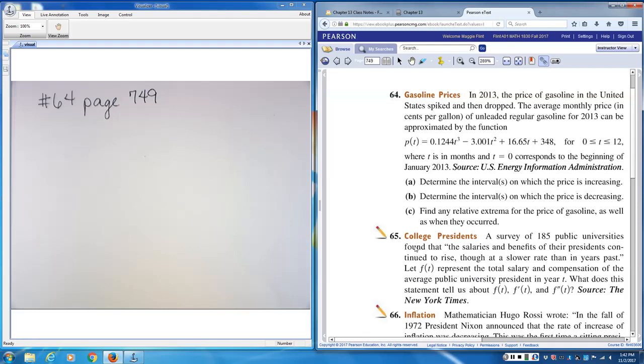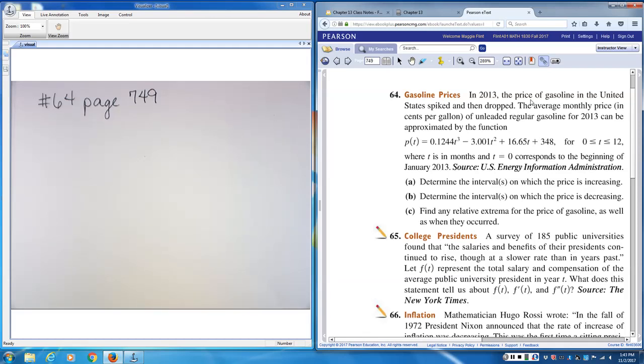So what we see here is, it says in 2013, the price of gasoline in the United States spiked and then dropped. The average monthly price in cents per gallon of unleaded regular gasoline for 2013 can be approximated by this function, which is a cubic function. And this function is only valid for the interval 0 through 12, where 0 is January 2013, and then 12 would of course be December 2013. So this is only a function for 1 year of time.